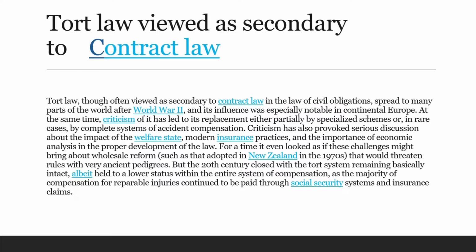But the 20th century closed with the tort system remaining basically intact, though held to a lower status within the entire system of compensation, as the majority of compensation of repairable injuries continues to be paid through social security systems and insurance claims.